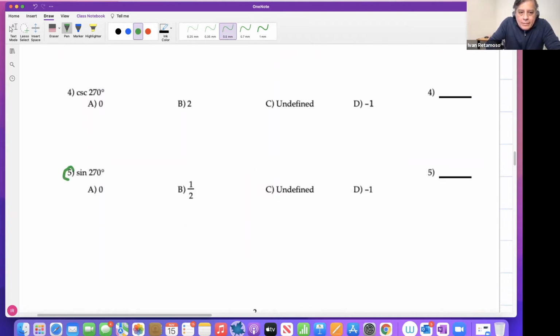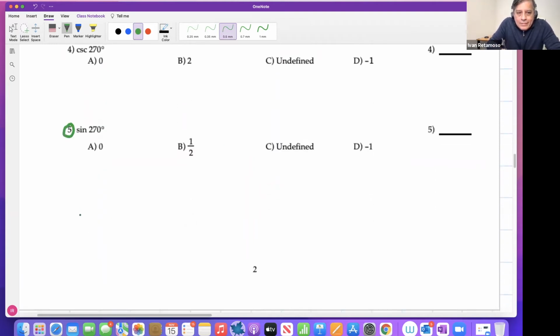For example, suppose they ask you to compute sine of 270. 270 doesn't fall into any quadrant, really. It's between two quadrants, right? They are called quadrantal angles. However, remember, if you work in the unit circle, then this point should be 0, minus 1, right?